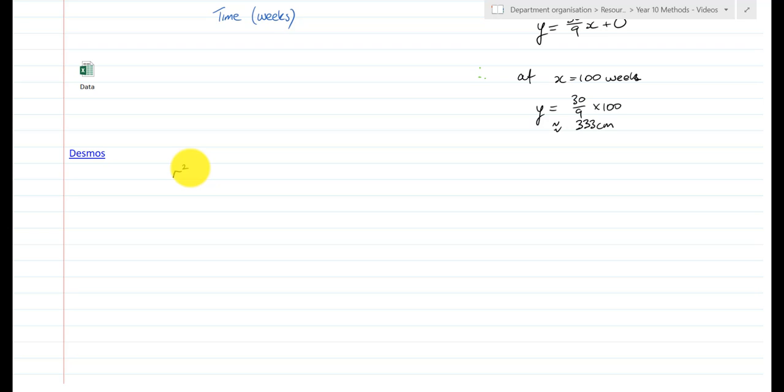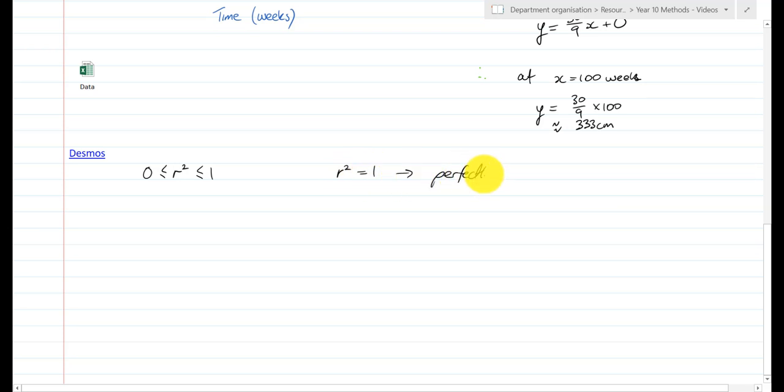It looks at those averages and then provides a result between 0 and 1. So basically, R squared should be between 0 and 1. If R squared equals 1, then it's perfectly linear, which would be ideal, but unlikely.